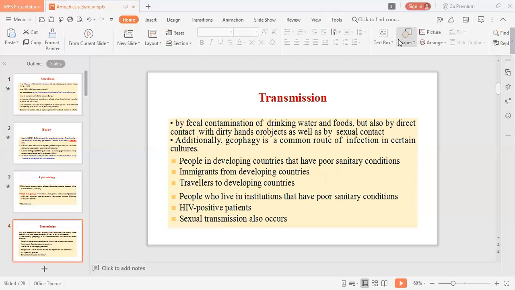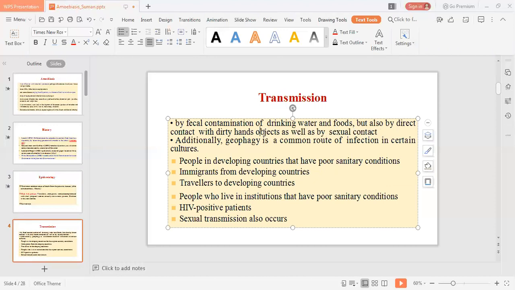So how is this disease transmitted? This pathogen is transmitted from one human being to another via fecal contamination of both drinking water as well as food, but also by direct contact with dirty hands and objects, as well as by sexual contact, like among homosexuals.